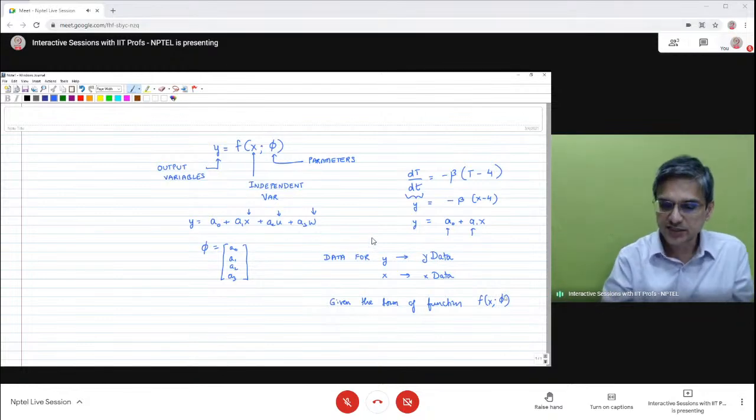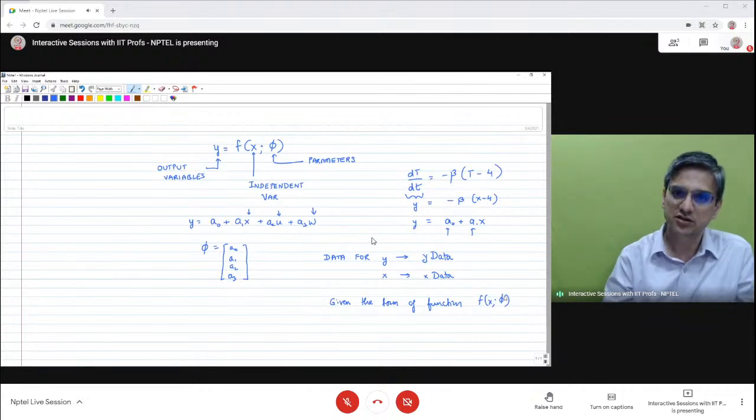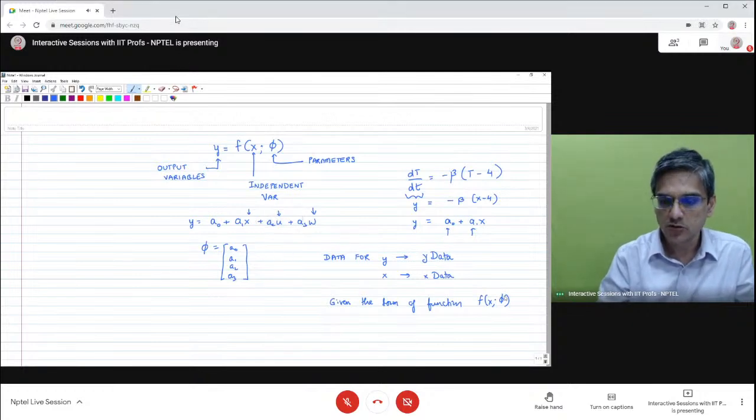LSQ curve fit is least square curve fitting. LSQ non-lin is least square non-linear regression.